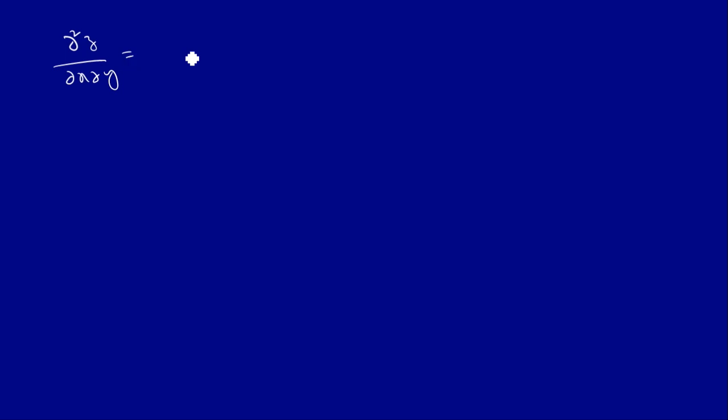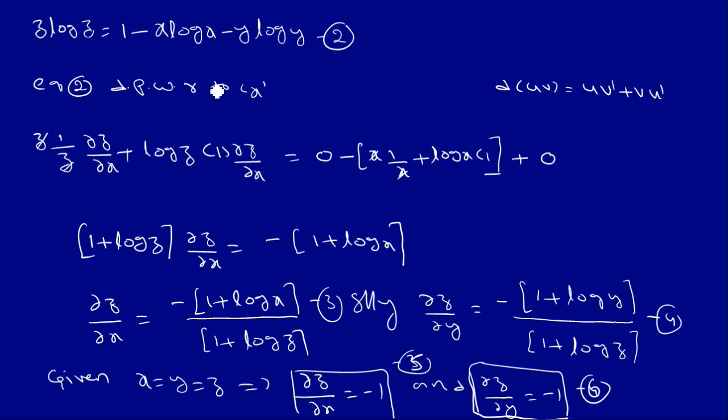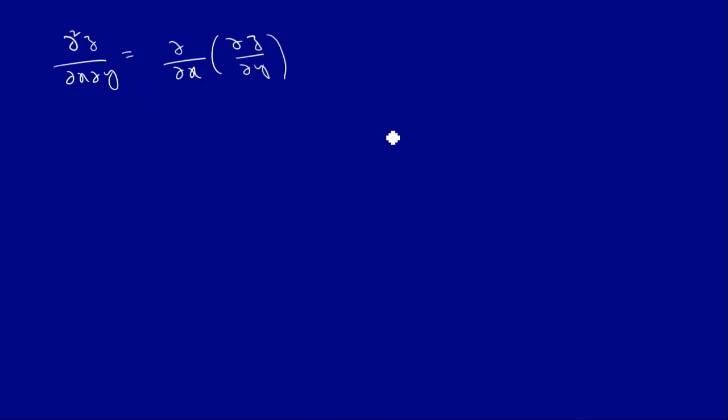So that equals, I'm going to write here, dou by dou x of dou z by dou y. That means dou square z by dou x dou y. So here, what is dou z by dou y? Dou z by dou y is minus 1 plus log y by 1 plus log z, from equation 4.